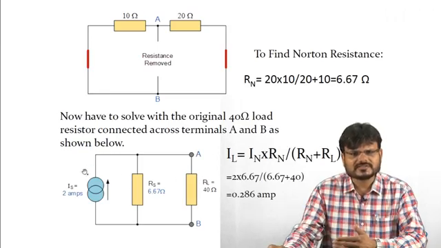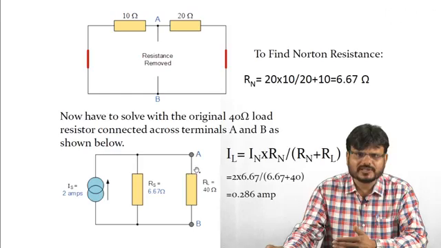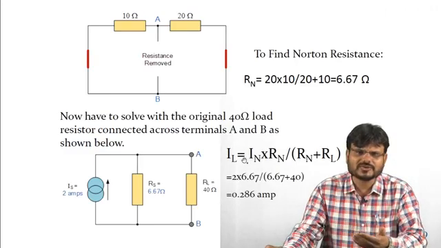Again, this Norton current or short circuit current will divide in these two branches. One is through Rn, that is 6.67 ohm, and the other through the load resistance 40 ohm. Because you are calculating the current through terminals A and B, this current is termed IL, the load current. So how do you calculate the load current IL? Just apply the current division rule.